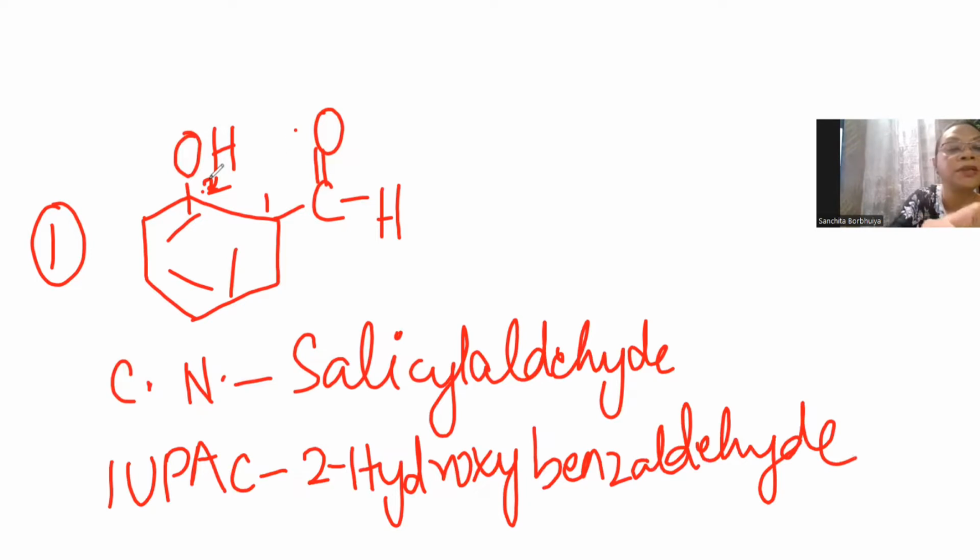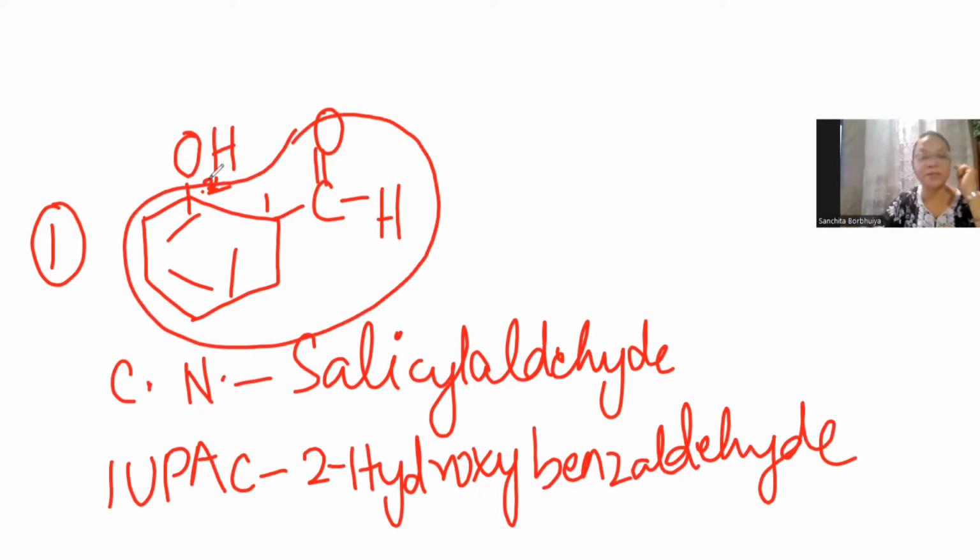So this CHO has higher priority. As I discussed, whenever the functional group is attached, that will have higher priority compared to OH. So this can also be called ortho-hydroxybenzaldehyde. You could also use this common name. Okay. So we will go to the next compound, the second compound.